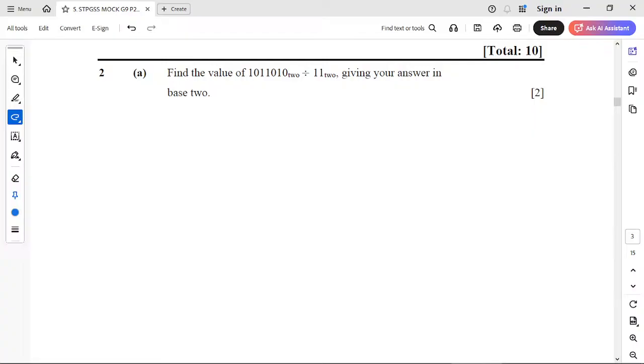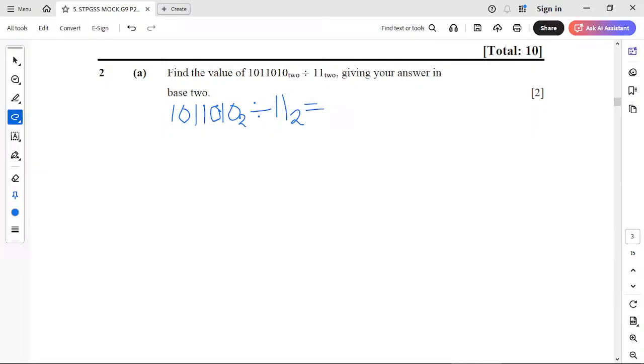Let me write the expression. So the expression we have is 1 0 1 1 0 1 0 in base 2 divided by 1 1 in base 2. What will be the quotient?